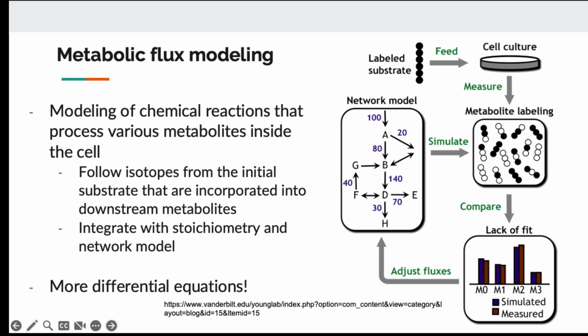But from 140, maybe 70 goes to E, and then 30 go to H, for example. So by following the isotope label, you can reconstruct the metabolic pathway and know how much metabolite or substrate can flow into each branch of the pathway.